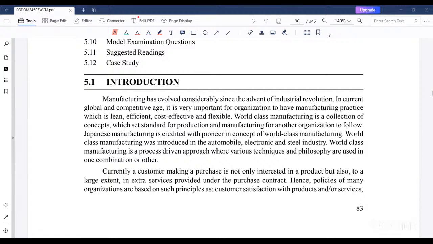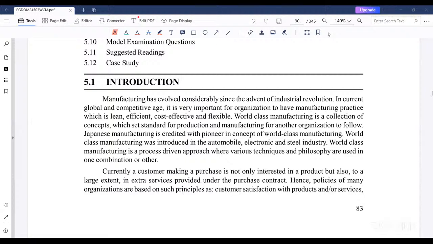And it's possible only when we implement the current technology. Whenever we use this technology and apply it in the process of production, it will lead to achieving world-class manufacturing.